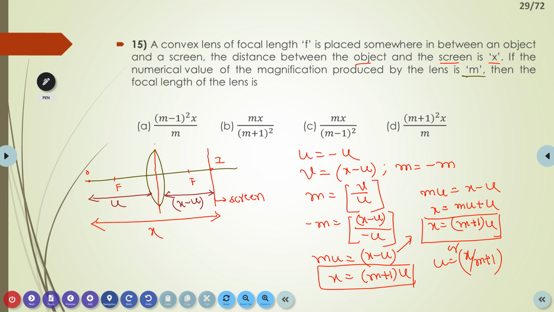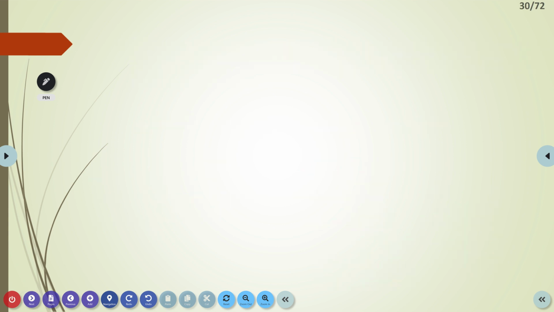I am using this U value, X value and all that in the lens equation. What is the lens equation here? 1 divided by F equal to 1 by V minus 1 by U. Here V equal to, what is the formula?